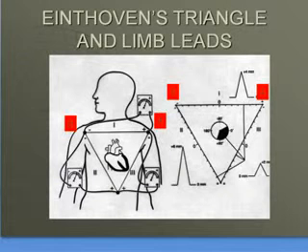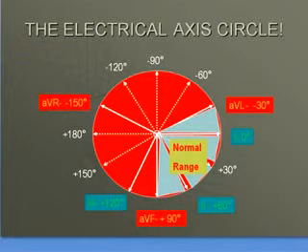So, the basis of identification of this electrical axis, as Dr. Subramanya has told, is Einthoven's triangle and the limb leads, where lead 1 forms the base, and lead 3 and lead 2 are the right and left sides of this triangle. All the leads together along with the augmented leads that he has spoken about form an electrical axis of the heart, which we have to remember mentally to identify the electrical axis of the person based on the ECG.